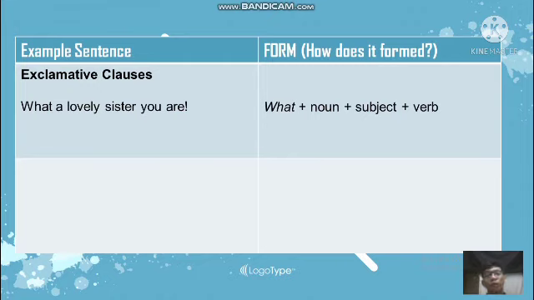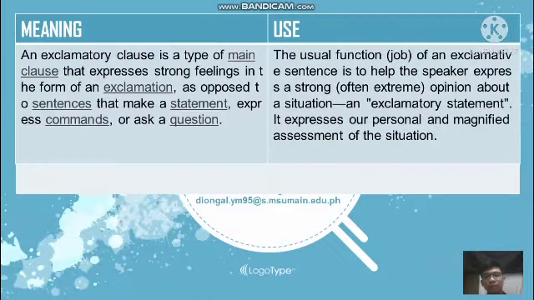So, what, the WH word, plus noun, a lovely sister, plus the subject you, plus the verb are. Okay, you are. An exclamatory clause is a type of main clause that expresses strong feelings in the form of an exclamation, as opposed to sentences that make a statement, express commands, or ask a question.